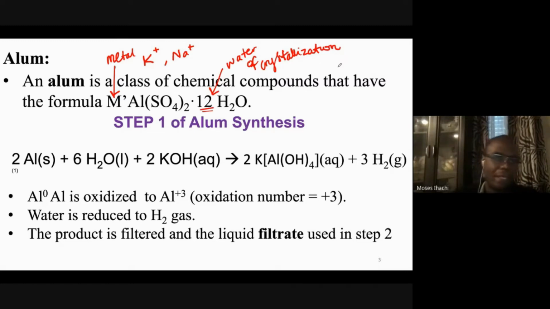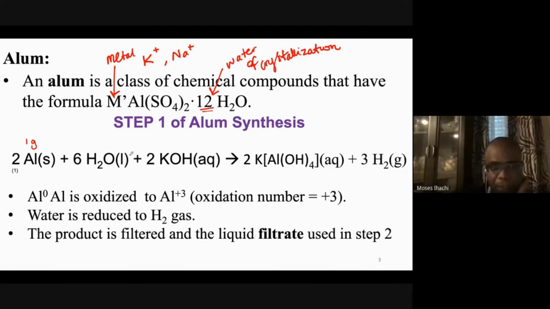To make it, we're going to follow these steps. Step number 1: you take your 1 gram sample of aluminum foil, cut it into small pieces to increase the surface area of reaction, and then react it with a volume of potassium hydroxide.